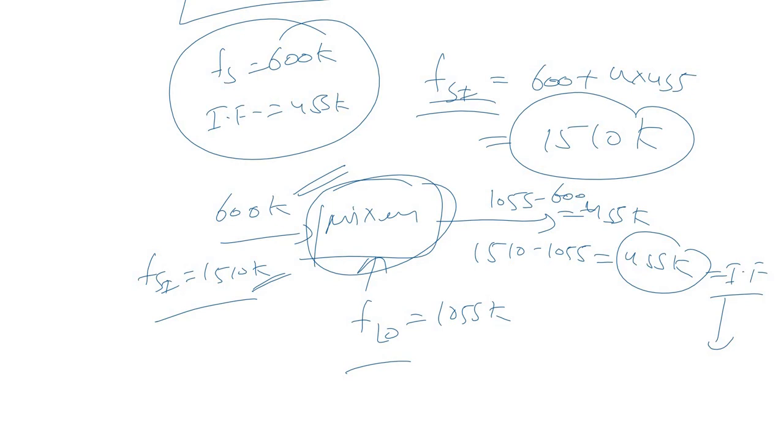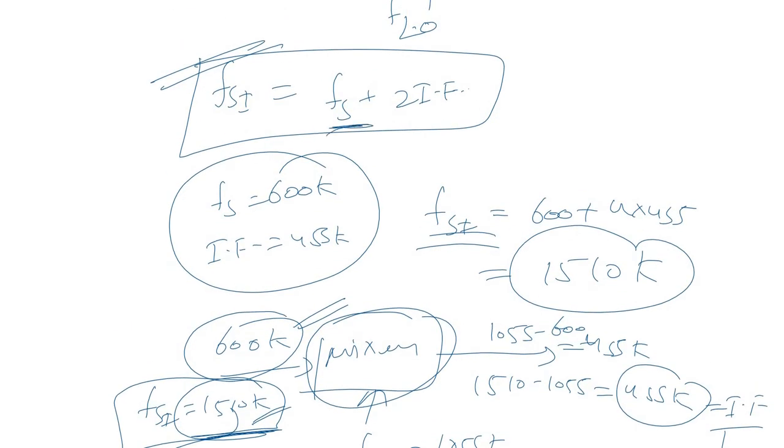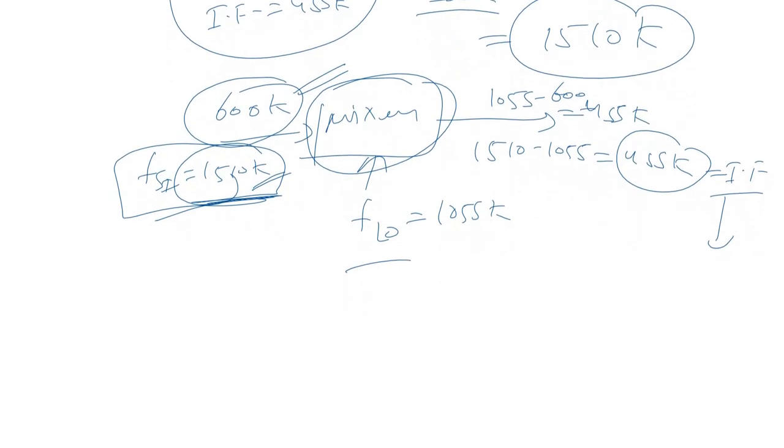So clearly you can see that 600K is the desired frequency component, but the mixer also passes this image signal component, that is Fs plus twice the intermediate frequency, 1510K for this given local oscillator, right?